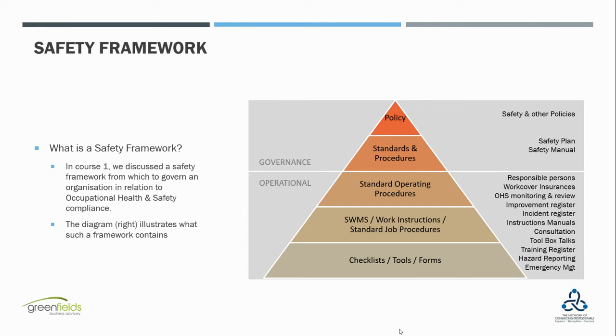Standards and procedures may include safety plans or safety manuals, and we'll need a range of operational documents that outline such things as responsible persons, making sure the organisation has work cover insurance, how we're going to monitor and review our performance in managing workplace safety, and a range of registers for recording things such as incidents, improvements, etc. We'll need to develop some manuals for training, and do some toolbox talks.